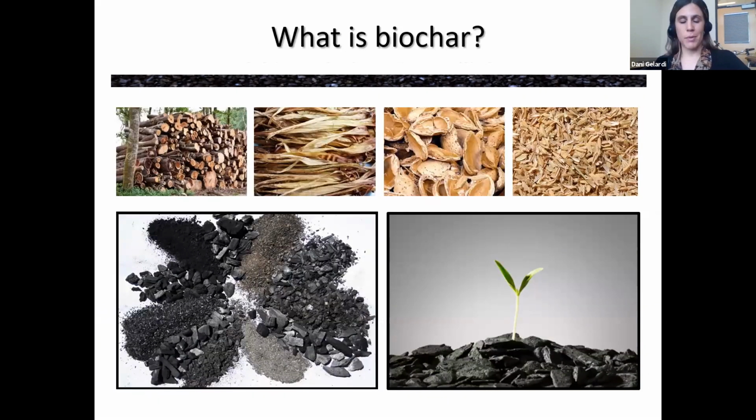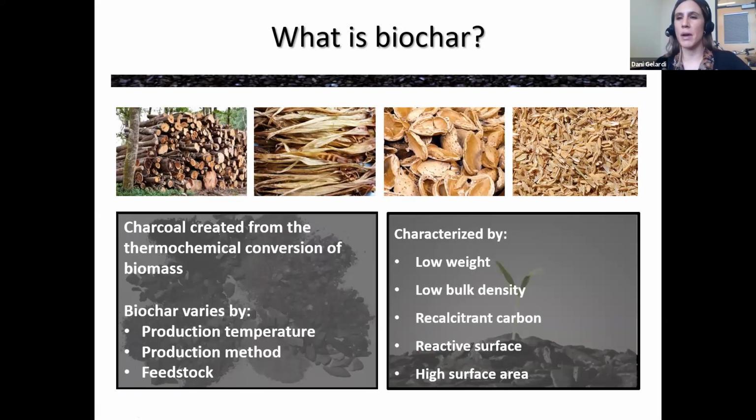So I think a lot of you probably already know what is biochar, but just so we're all on the same page, biochar is the charcoal-like material created from the thermochemical conversion of biomass in an oxygen-limited environment. So it's a very technical definition, really just to describe this charcoal-like material. And when we say biomass, we're talking about the different feedstocks that go into making it. So you can see here on the top that ranges from rice hulls to almond shells to corn husks to forestry thinning operations.